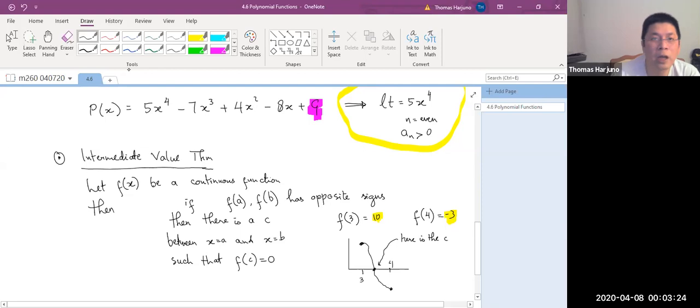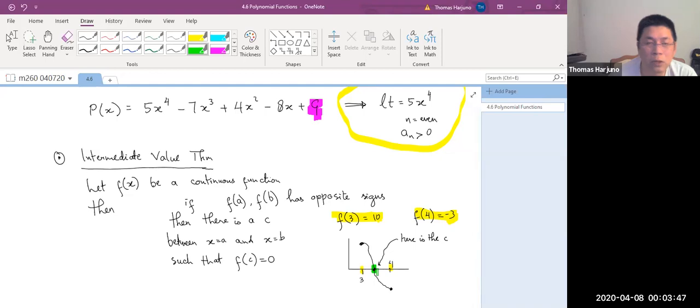Therefore, as long as f(a) and f(b) have opposite signs, there must be a c between 3 and 4 such that that number is the 0 of the function. That's what the intermediate value theorem says.